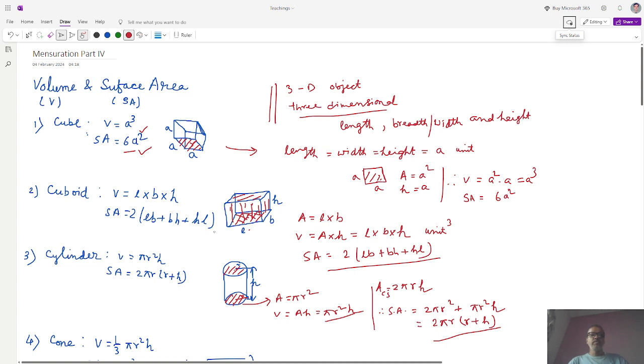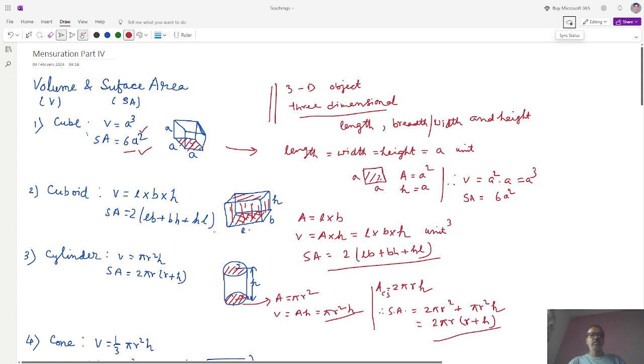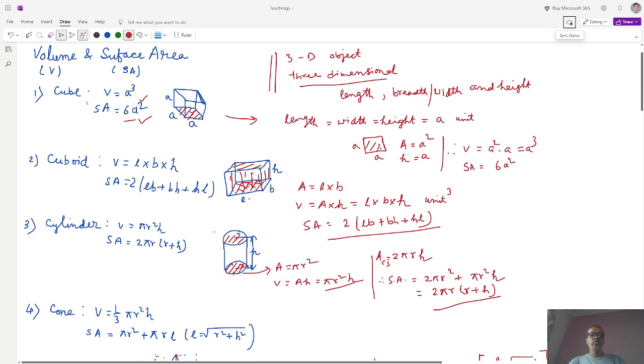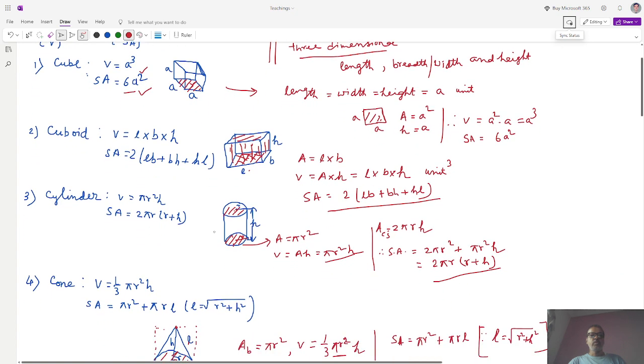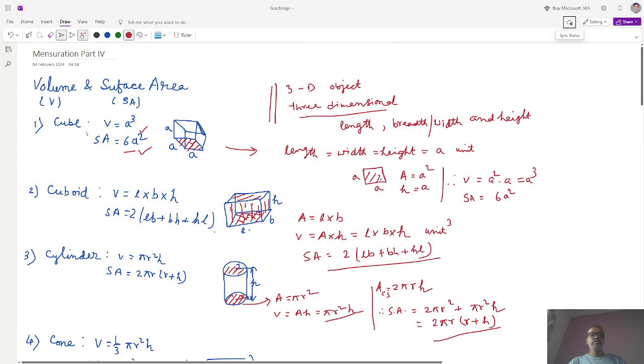If you practice it 3 to 5 times, then you can easily remember this formula. If in any case you forgot the formula, then also you are able to formulate these formulas. Okay, so I am repeating once again.